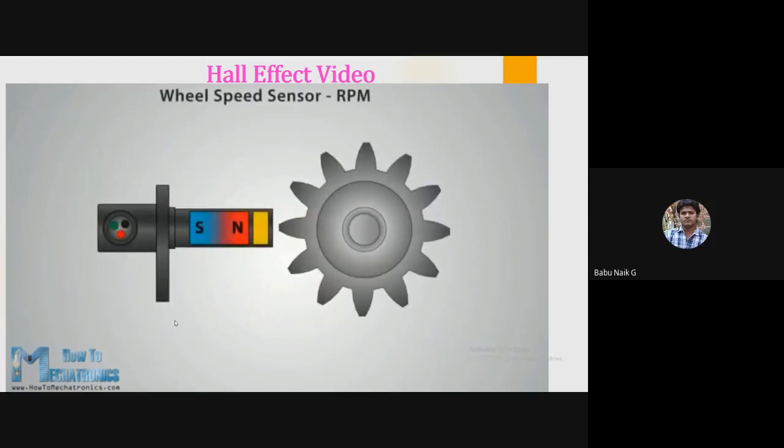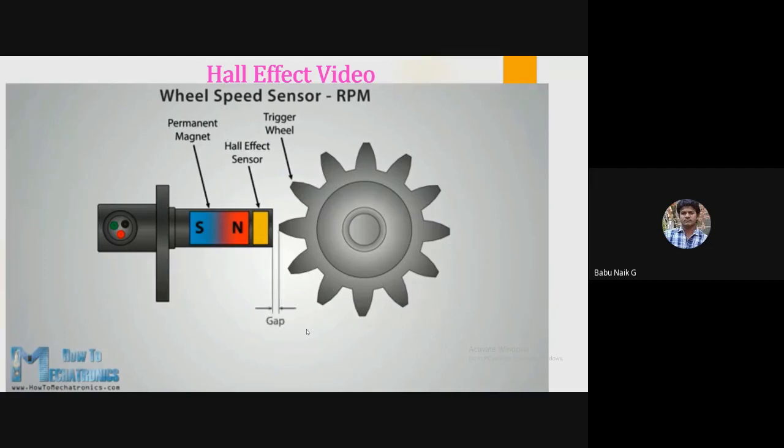Another contemporary applications of the Hall effect sensors are measuring wheel speed or RPM, as well as determining position of crankshaft or camshaft in engine systems. These sensors are composed of a Hall element and a permanent magnet, which are placed near a tooth disc attached on the rotating shaft.